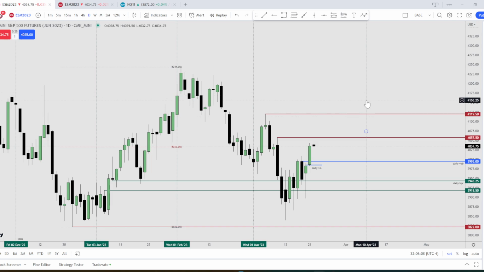So if it continues expanding higher after FOMC, I'll be looking at this date right here, and somewhere around this date I will be anticipating a reversal. If it doesn't give a reversal, I'll be looking at 1st May. Very simple. Okay, 1st May. So that's the time frame I'm giving to this expansion higher.